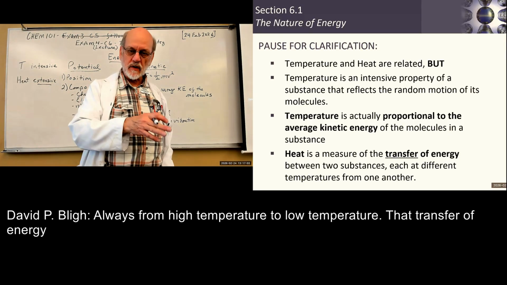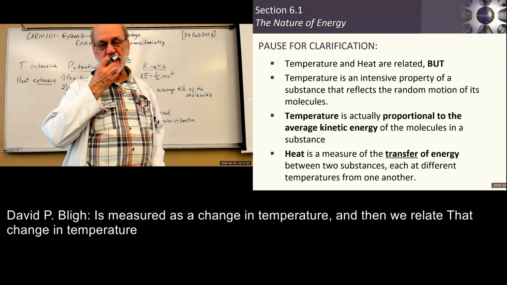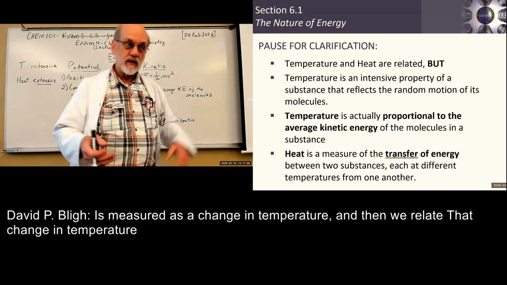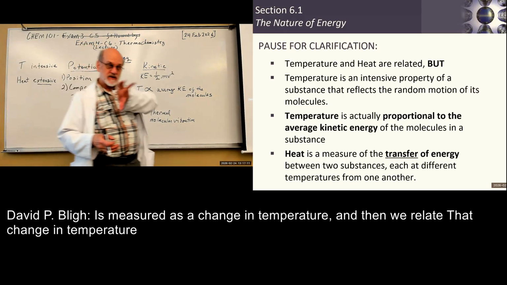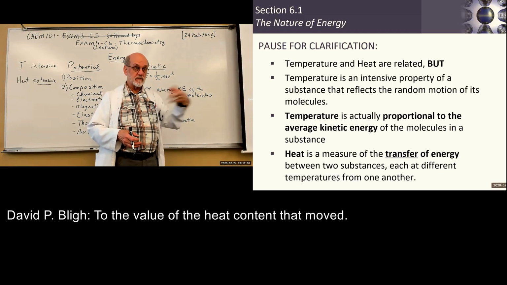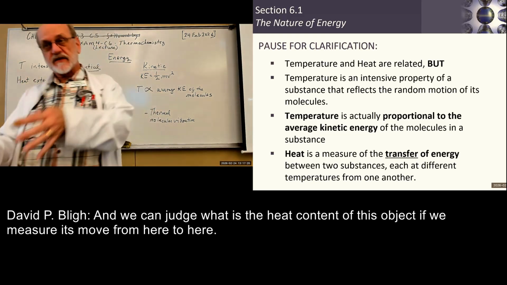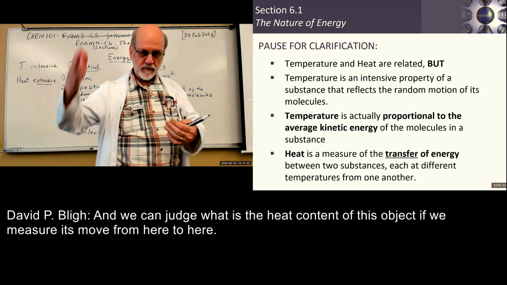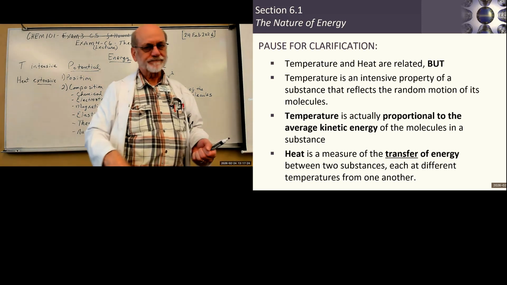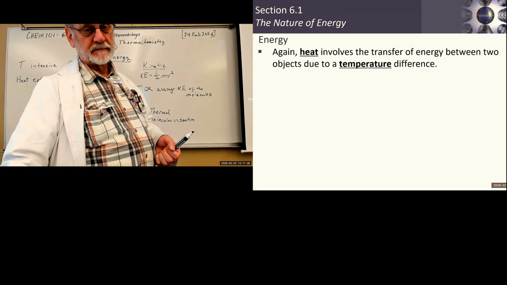Always from high temperature to low temperature. That transfer of energy is measured as a change in temperature, and then we relate that change in temperature to the value of the heat content that moved. And we can judge what is the heat content of this object if we measure its move from here to here. So that's how they're related.